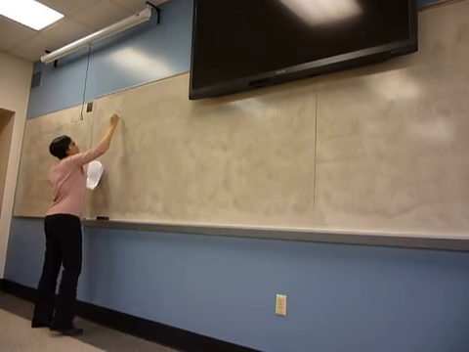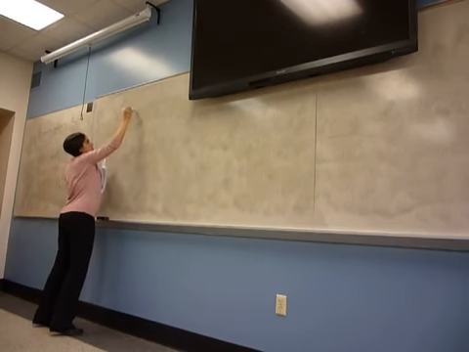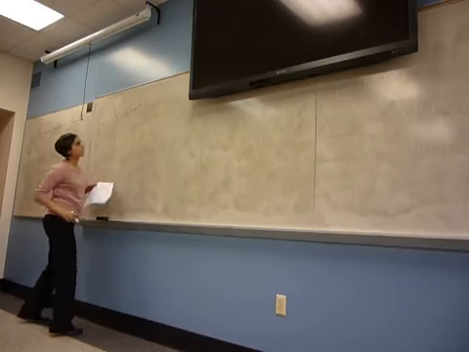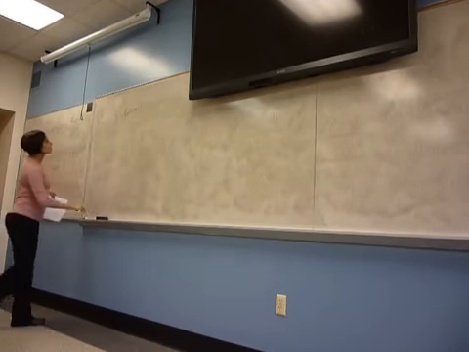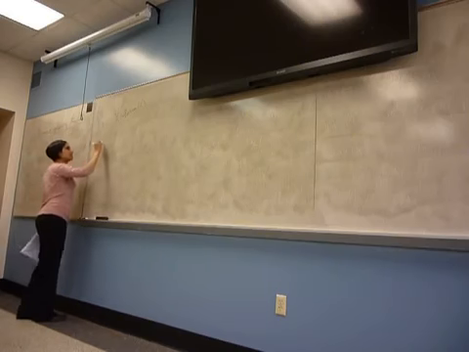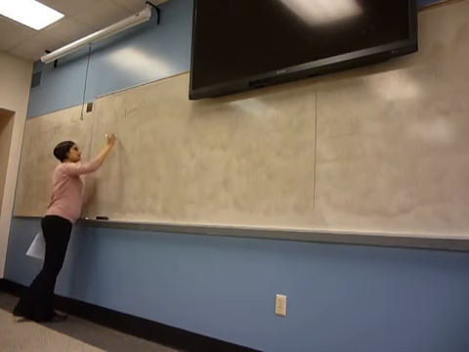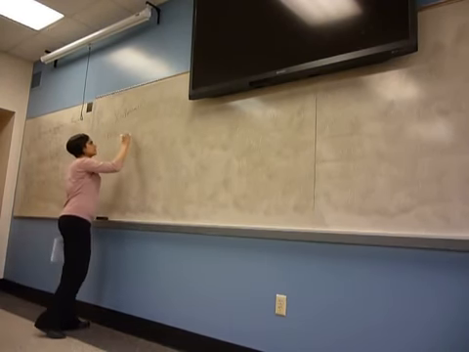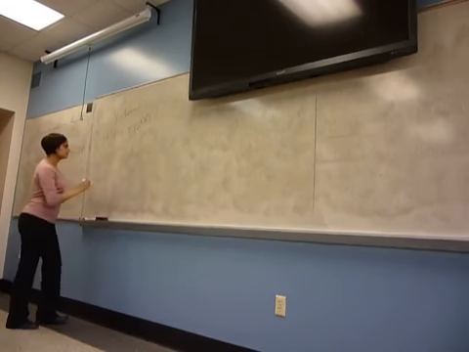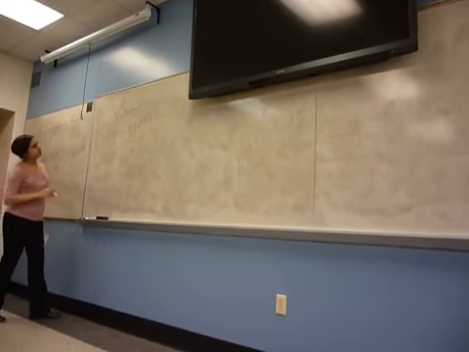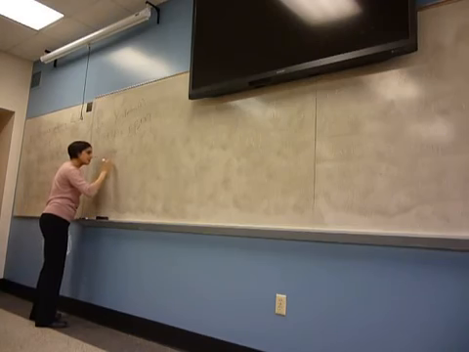So let's calculate it for a Poisson. Let X be Poisson lambda. Let's calculate the moment generating function for that. This is the expectation of e to the tX. So what is the formula?